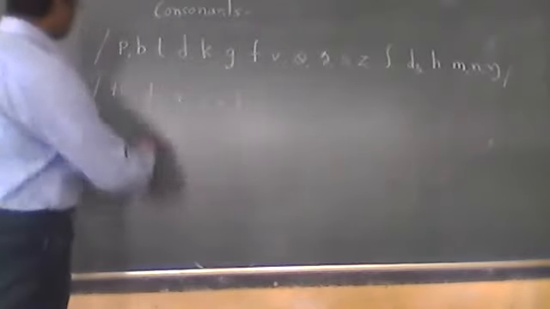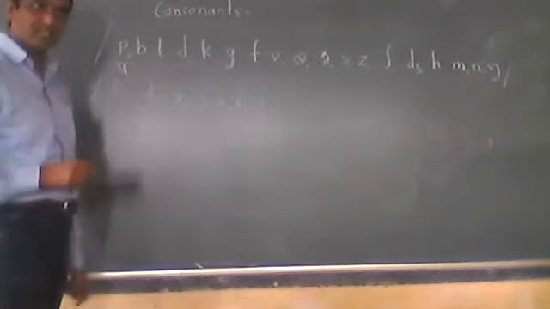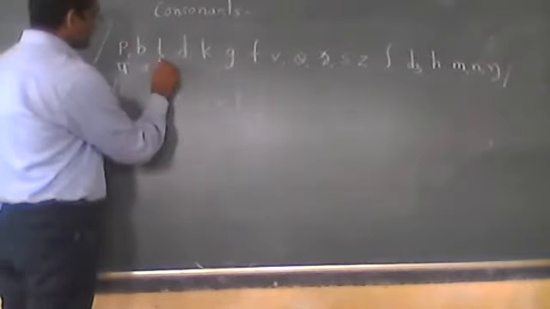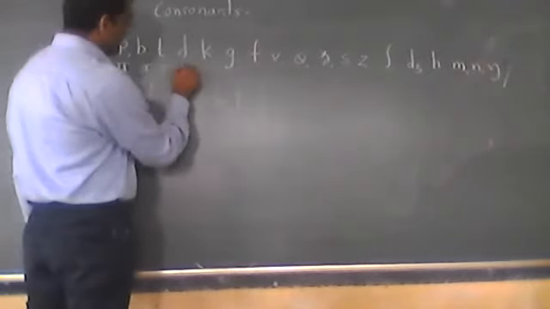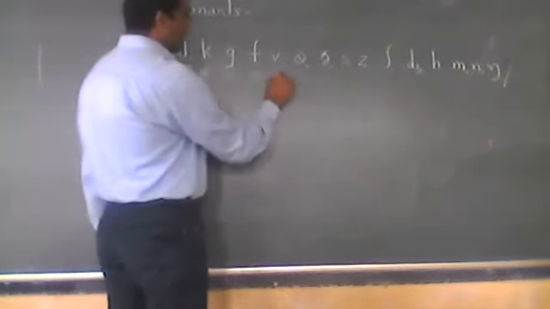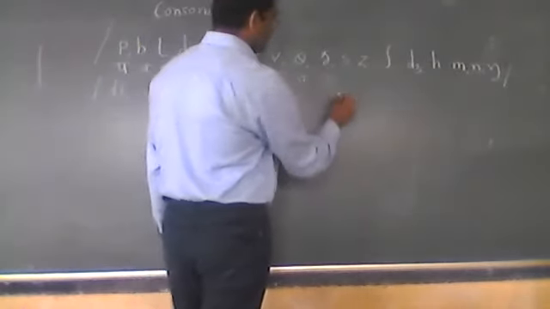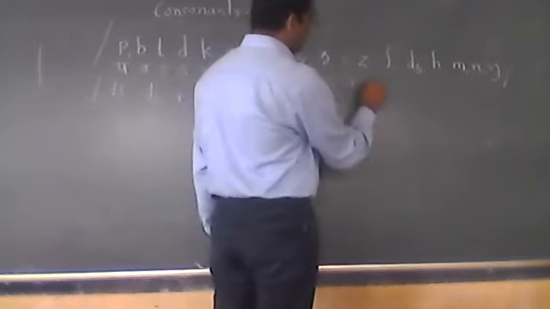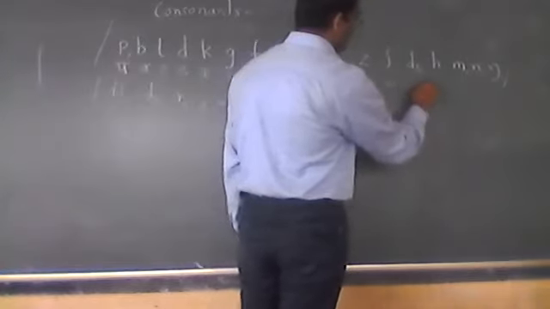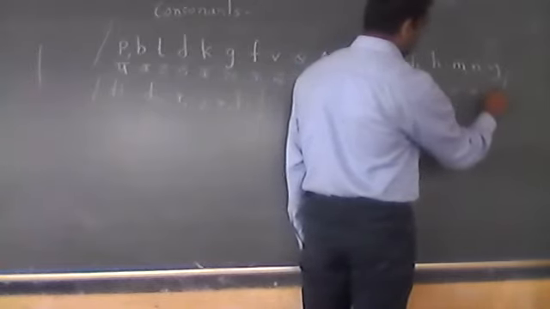For better understanding, you can write these sounds in Marathi also. So this is p sound, this is b sound, this is t sound, d, k, g, f, v, th, d, s, z, sh, j, h, m, n.